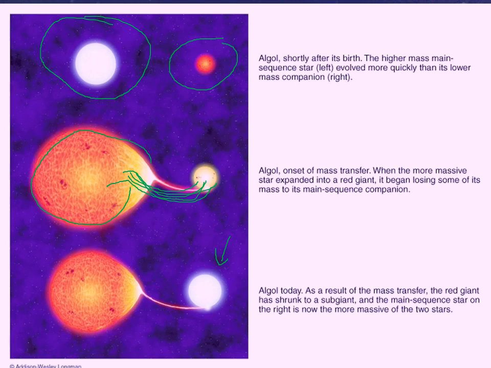So what was originally the high mass star is now the low mass star, and what originally was the low mass star is now the high mass star. So that's what happens when you have these binary stars that are very close together. That explains Algol.